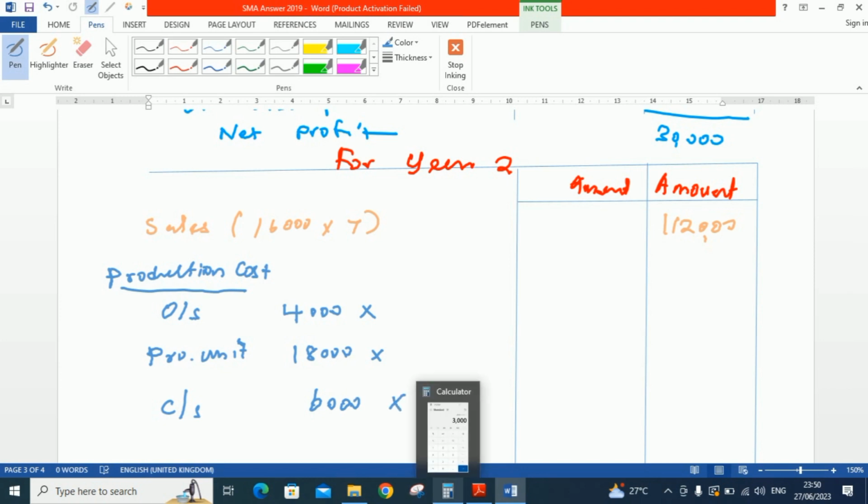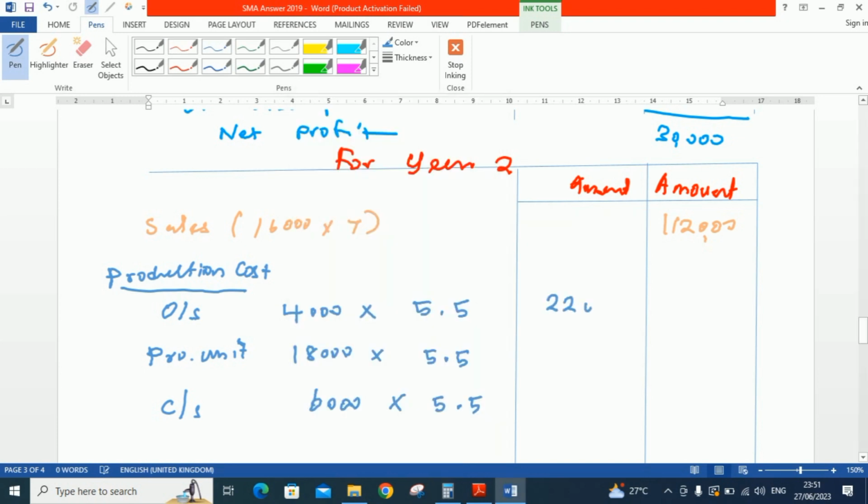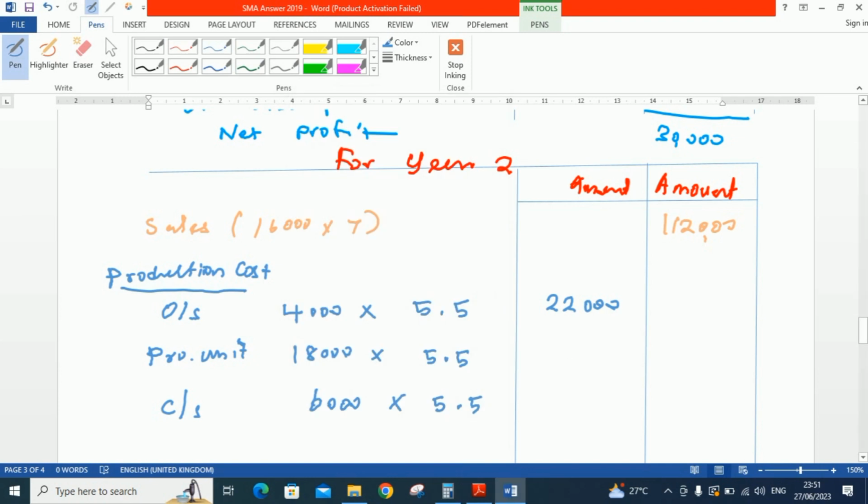Right? We are preparing the income statement based on the absorption costing method. So we should consider the full cost. So full cost is 5.5. So the opening stock value is 4,000 into 5.5, 22,000. And production cost 18,000 into 5.5, 99,000.